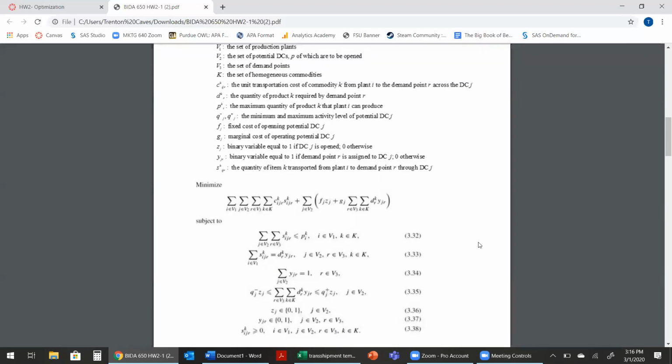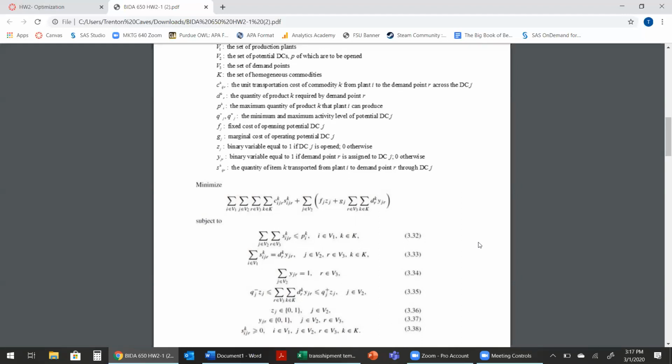So our first constraint, JV2 RV3, tells us we're looking at the distribution centers and the demand points. SIJRK is the quantity of K transported from plant I to demand point R.